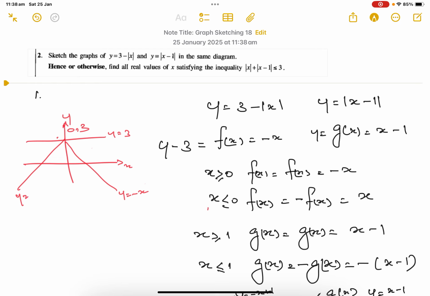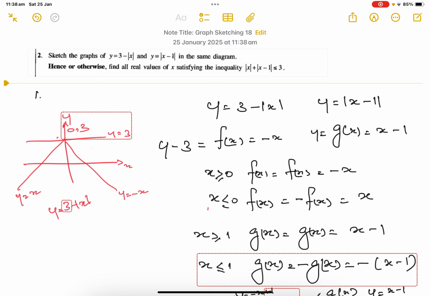So the total sketch is for y equal 3 minus modulus x. We just analyze it such a way that we remove the modulus sign and bring the 3.